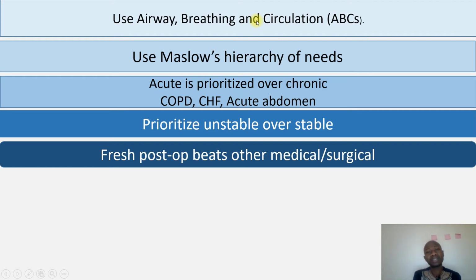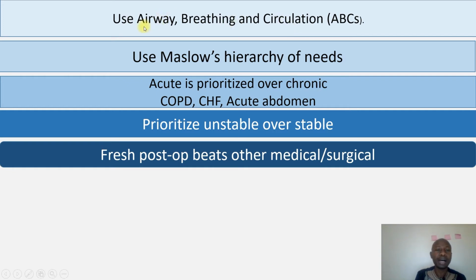However, sometimes we prioritize circulation. So you read the question very well and ask yourself and use the first skills that we have used. For instance, if I did not intervene in this situation, what would make the patient die very fast?